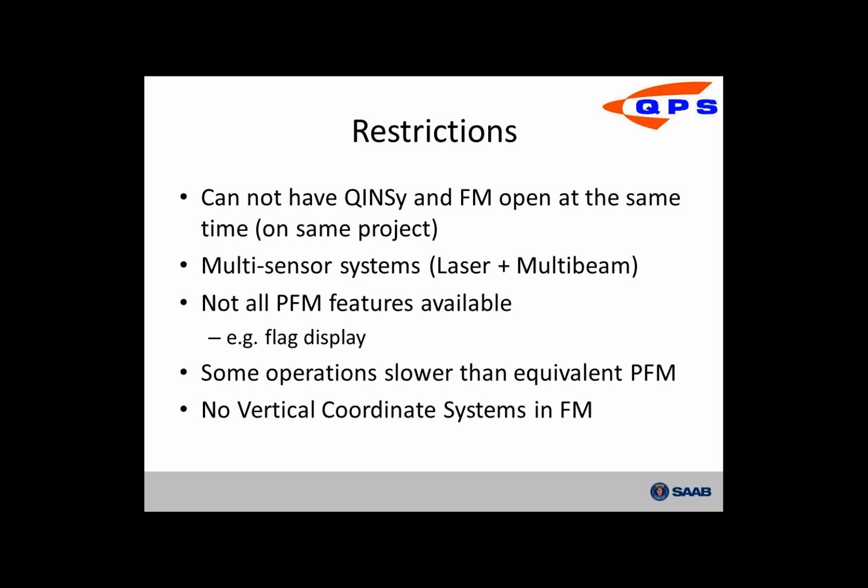The other area to be aware of is when you're working with a multi-sensor system. For example, you have a vessel with a multibeam underwater and maybe a laser scanning the side of the seawall. If you want to create a navigation surface with only your multibeam, when you create that, you can select that. However, Fledermaus is not aware yet of you making that selection.